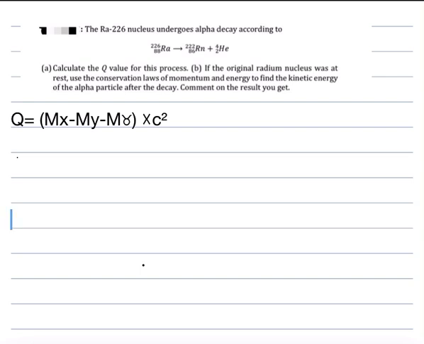Mx is the mass of the parent nucleus, my is the mass of the daughter nucleus, and m alpha is the mass of the alpha particle. Let me write that there.